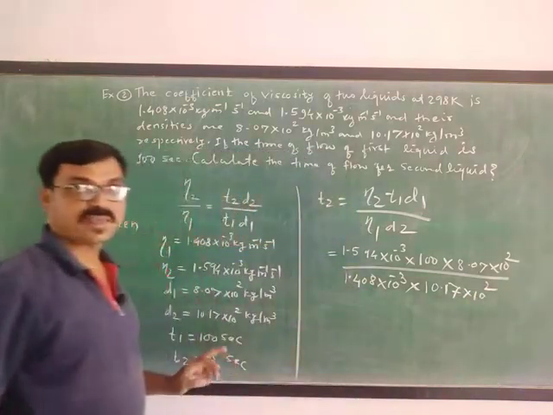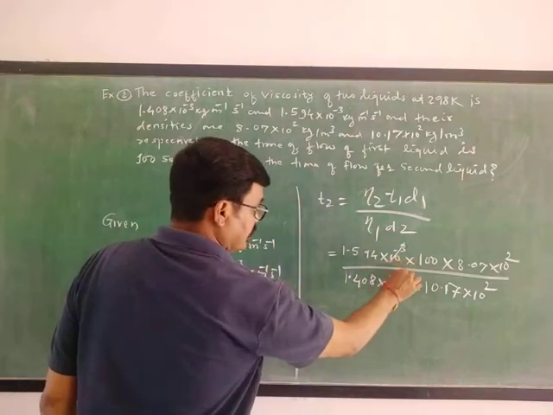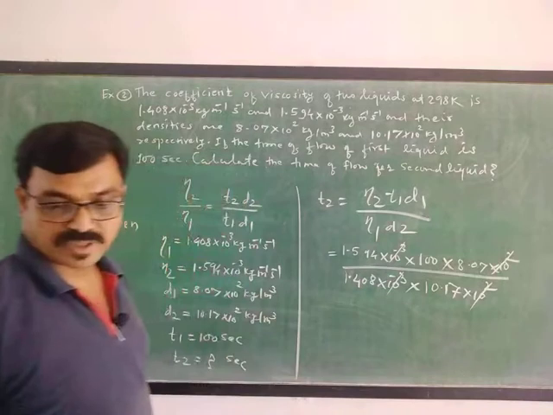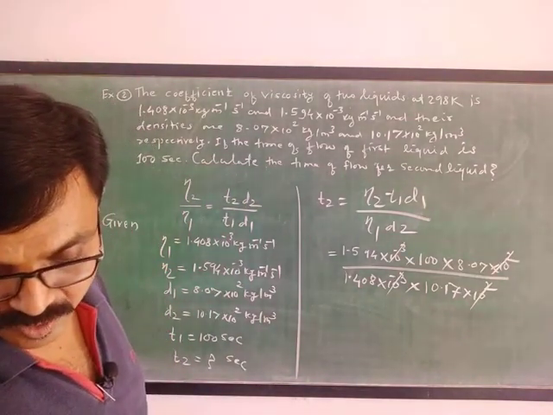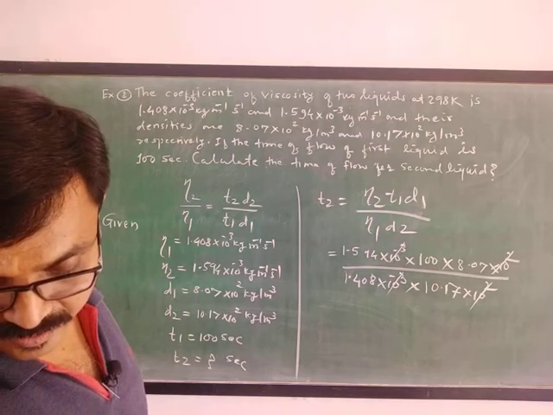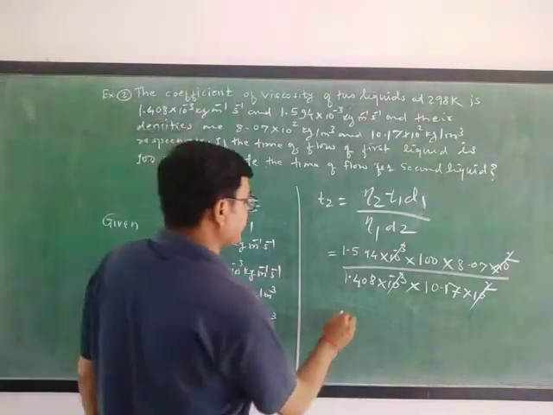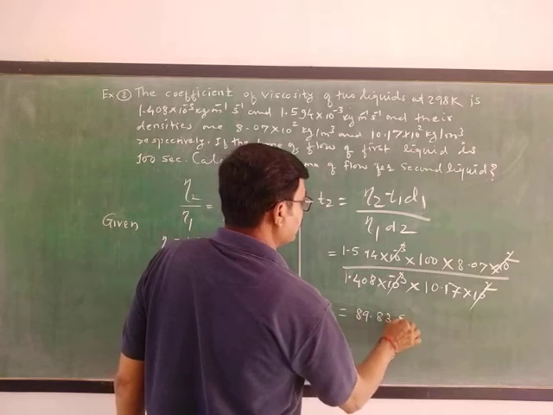All are in the same units, so the 10 raised to power minus 3 gets cancelled, and the 10 raised to power 2 terms also get cancelled. After solving using a calculator, you will get 89.83 seconds.